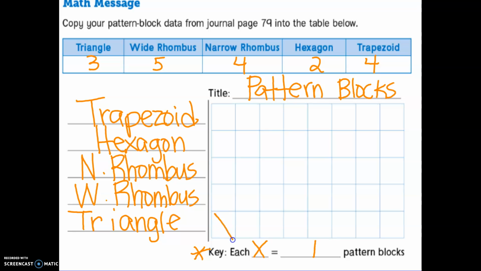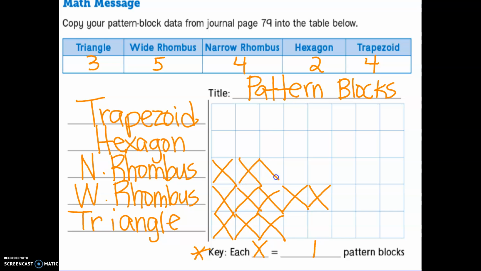So if I have 3 triangles, 1, 2, 3 X's. I have 5 wide rhombuses, 1, 2, 3, 4, 5. 4 narrow rhombuses, 1, 2, 3, 4. 2 hexagons, 1, 2. 4 trapezoids, 1, 2, 3, 4.